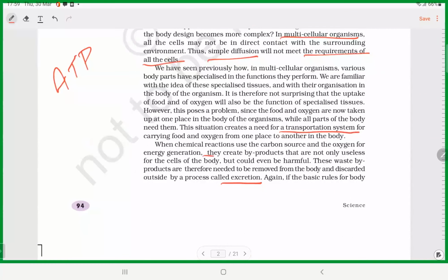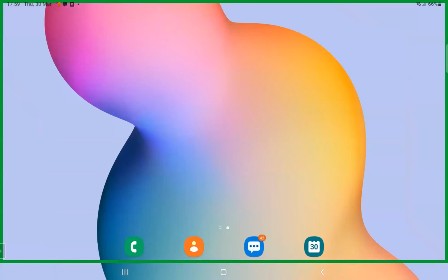Okay? They create byproducts that are not useful for the cells. If it is not useful, it may be harmful also. What is produced, for example, in this process? Carbon dioxide is produced. Carbon dioxide is toxic to the cell.